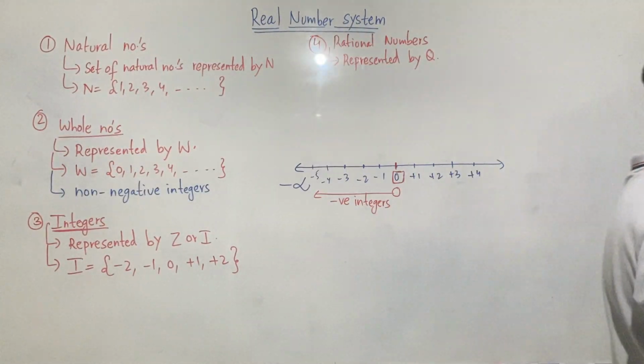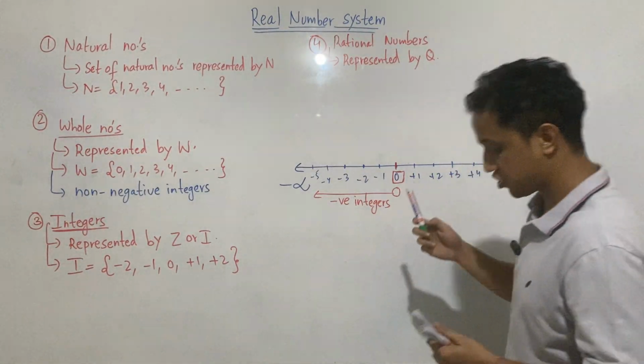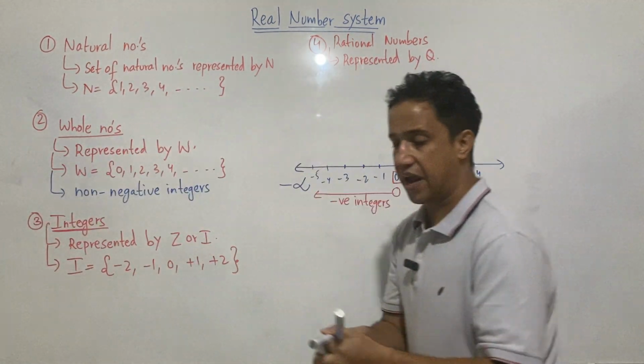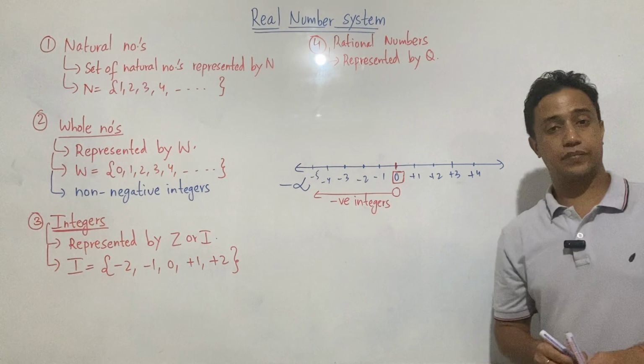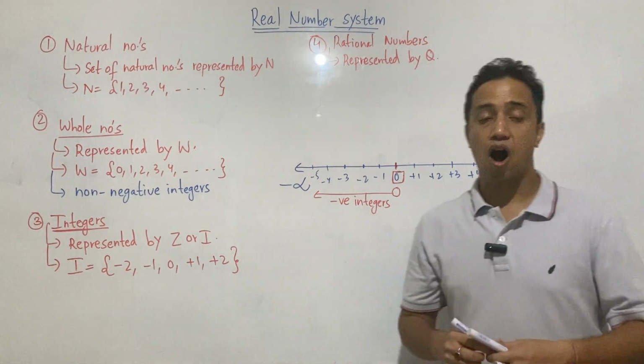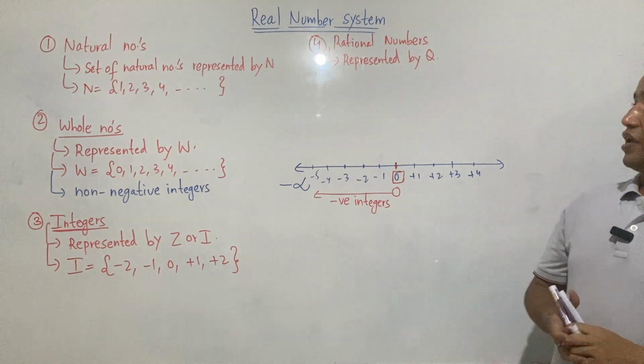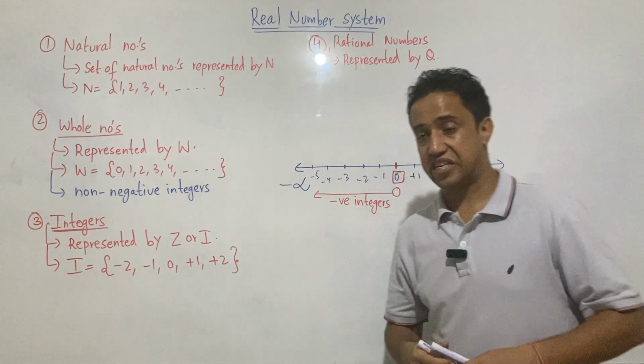Now we will try to understand what rational numbers mean. Any number of the form P by Q is a rational number if Q is not equal to 0.